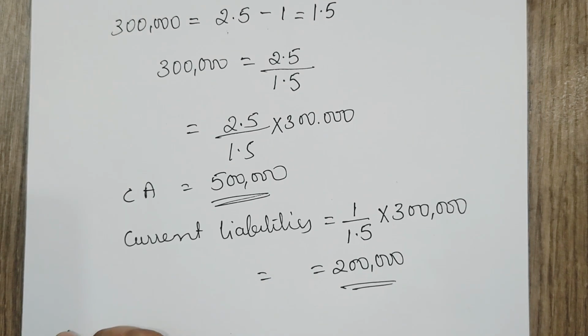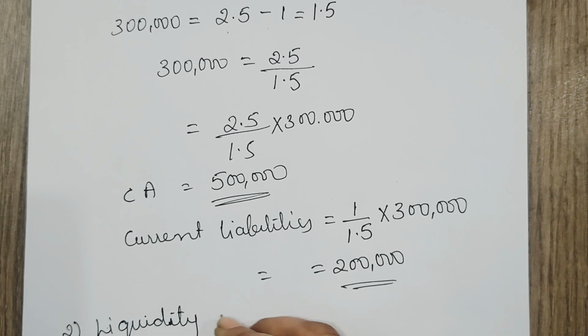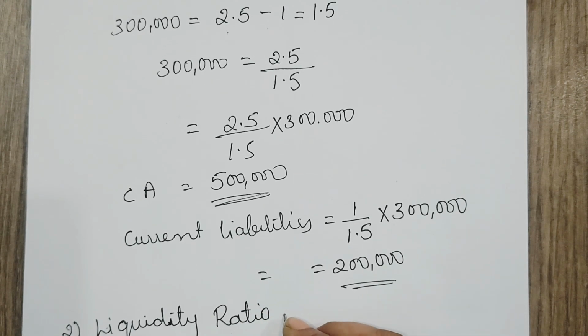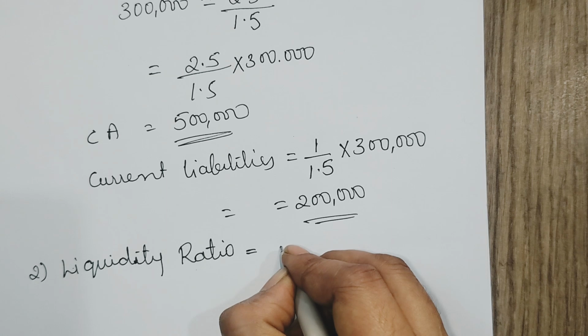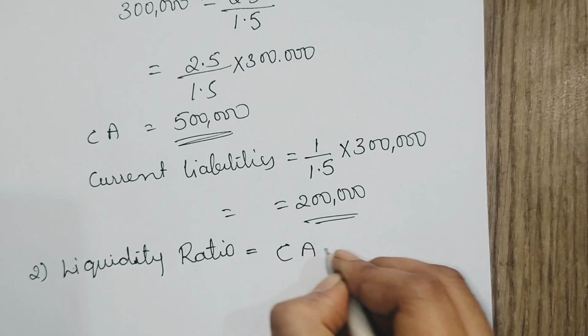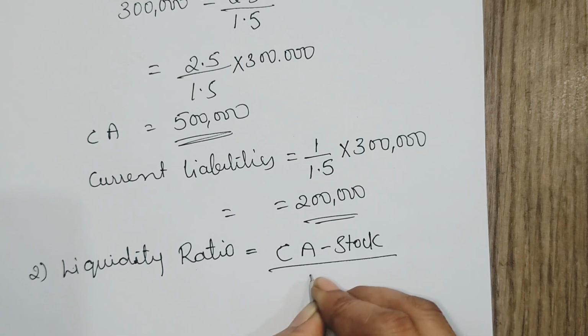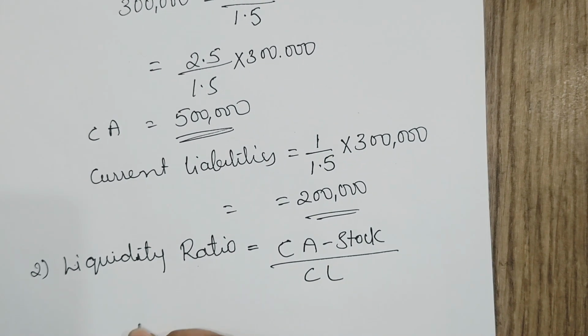The next one is liquid ratio. I have done a detailed video on ratio analysis. If you have not watched that, watch that video. What is the formula for liquid ratio? Current assets minus stock divided by current liabilities. Liquid ratio is given, that is 1.5.